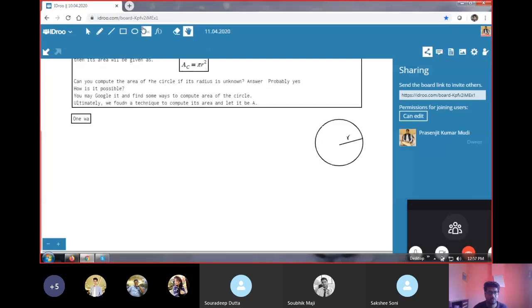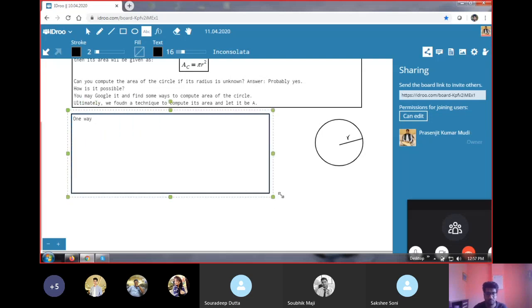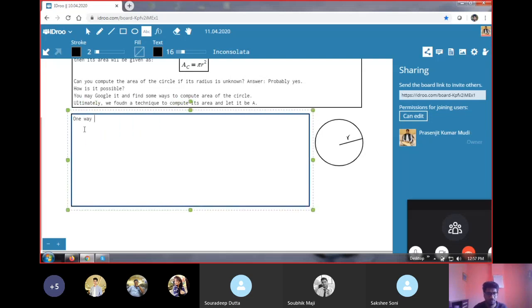So one way to compute the area is as follows.